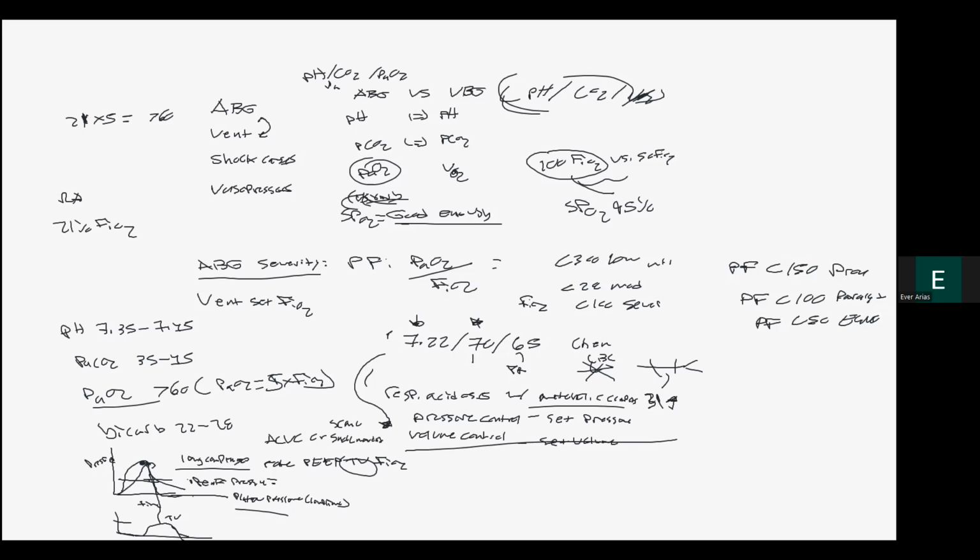There are different ways you could look at it, but usually you start with 6 to 8 cc's per kilogram of ideal body weight. Usually you start with 6, but 8 is probably fine too. And then the goal is to continue going down on tidal volume. Low tidal volume is useful for lung protection.